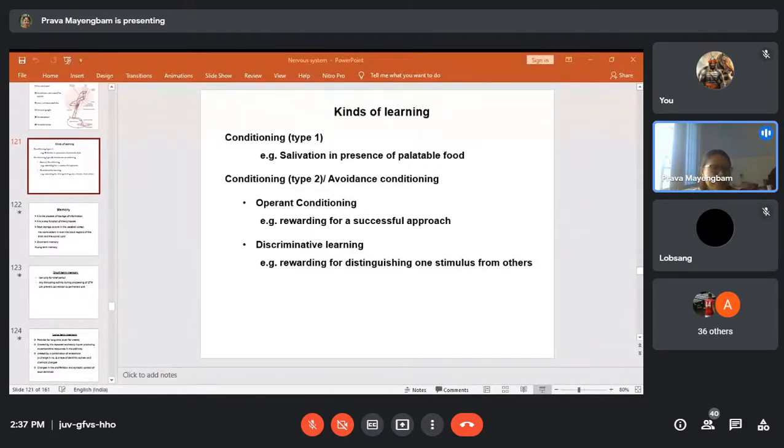Another example I'll give you: in a cage a mouse is kept, and inside the cage a pole is kept. The cage is fitted in such a way that electric current can be passed to the cage wires.